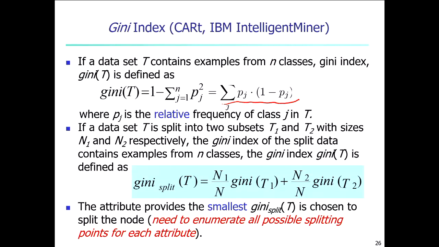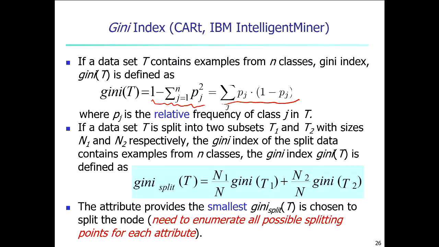So let's look at this part first, because this part is just the simplification of the later one. Okay? So what does this sigma of pj times 1 minus pj mean? As I said, we randomly choose an element from the set.